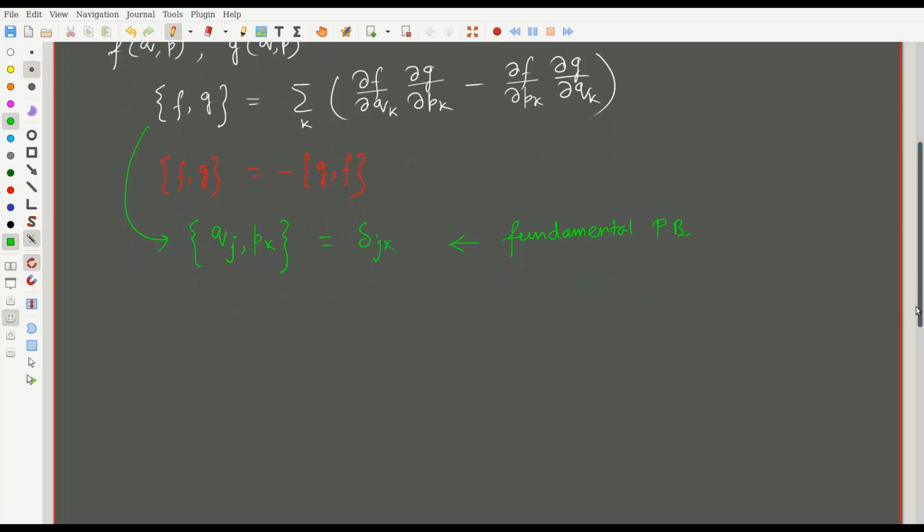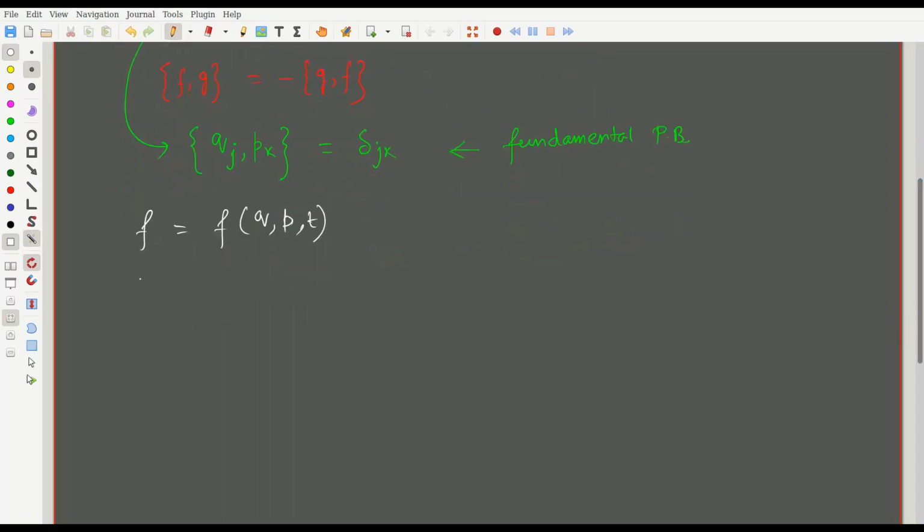Okay, but there is one important thing that follows from this definition. Suppose I write that F is a function of F(Q,P), or in general let us put F(Q,P,t) also, and later I will talk only about functions which do not explicitly depend on t.